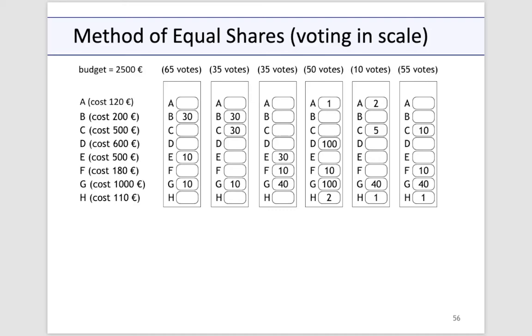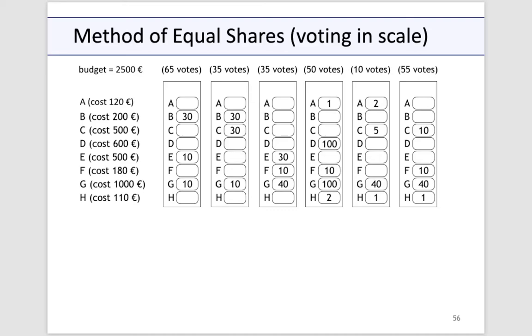For example, the first 65 voters assigned 30 points to project B and 10 points to projects E and G and 0 points to the other projects. The next 35 voters assigned 30 points to projects B and C and 10 points to project G, and so on and so forth.